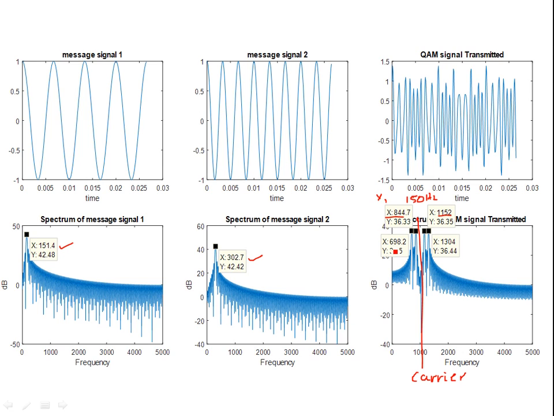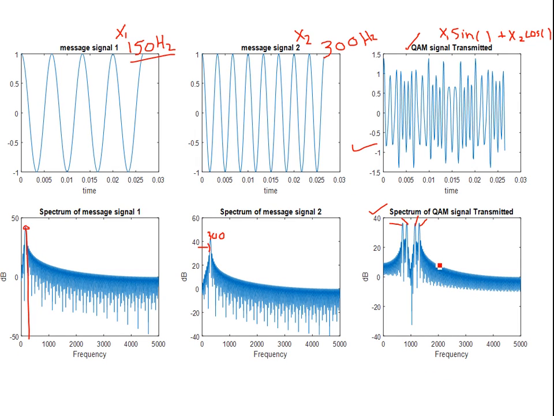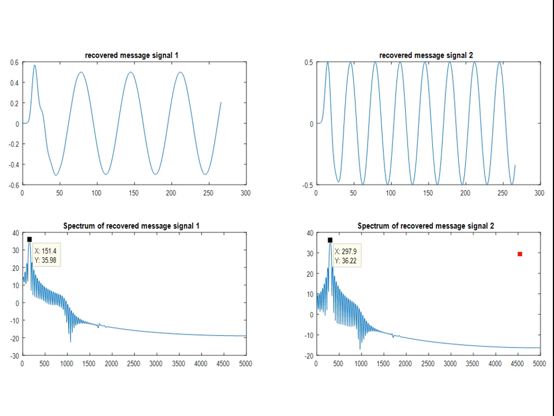Then the shift of 300 around 1000 corresponds to the tones of x2. So we have two DSBSC signals that can be seen over here. The frequencies are what we are modulating: 150 and 300 by a 1000 hertz carrier.